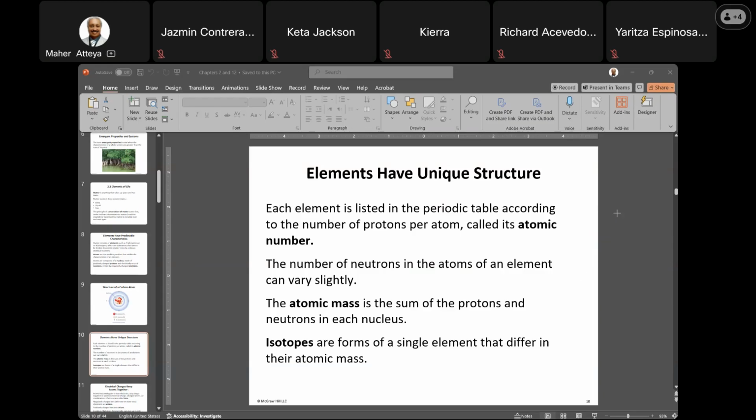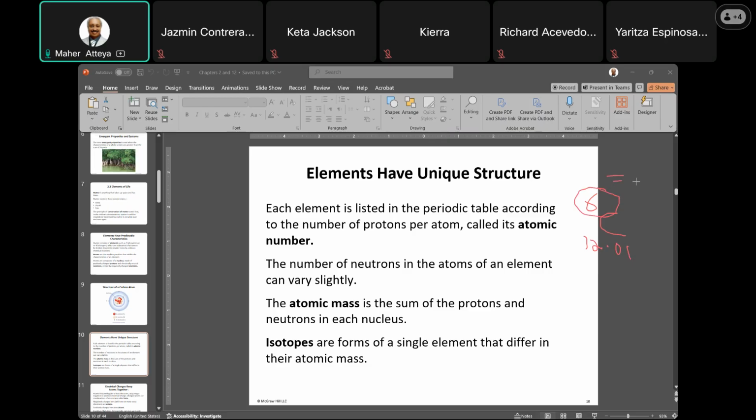I'll put 6 as the atomic number, and 12.01 is the atomic mass.